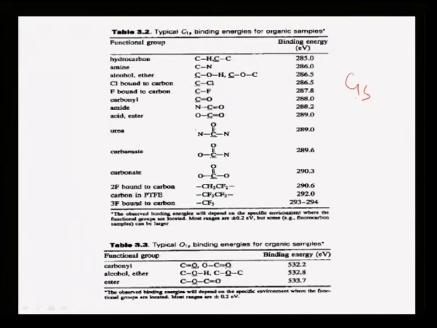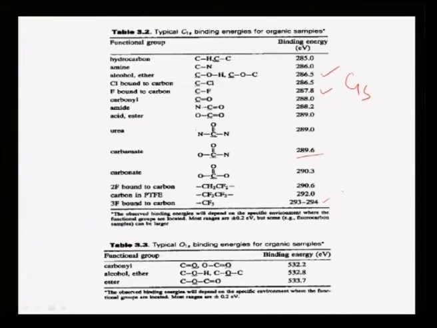As you see here, for hydrocarbon carbon, that is CH or CC bonds, the binding energy is 285, amines with C-N 286, alcohols with C-OH or C-O-C both possible 286.5 electron volts, fluorine to carbon is very important, 286.7, 287.8, carbonates with O-C-O 289.6, and CF3, three fluorine atoms bonded to carbon, is 293 to 294.